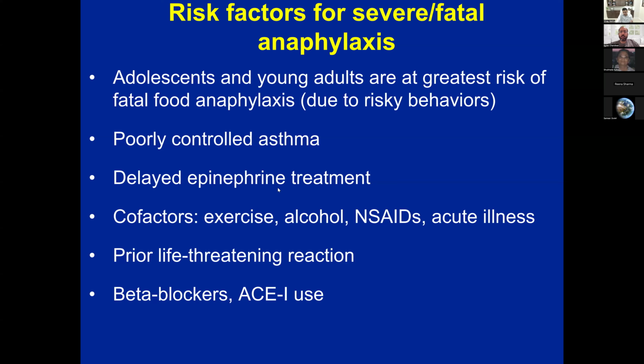But if it's something that's common, then yes. And again, when you do food challenges, remember that we're doing it in a monitored setting. You're doing a very small dose and you're observing for anaphylaxis. We're not telling these people to do food challenges at home. This is done in a monitored setting, so if you do have a reaction, you can treat. So in that sense, yes, it is safe.